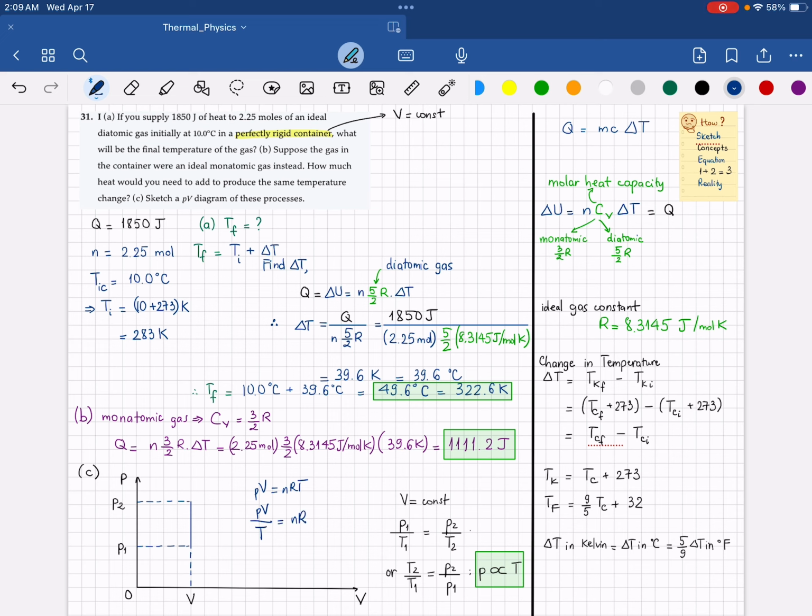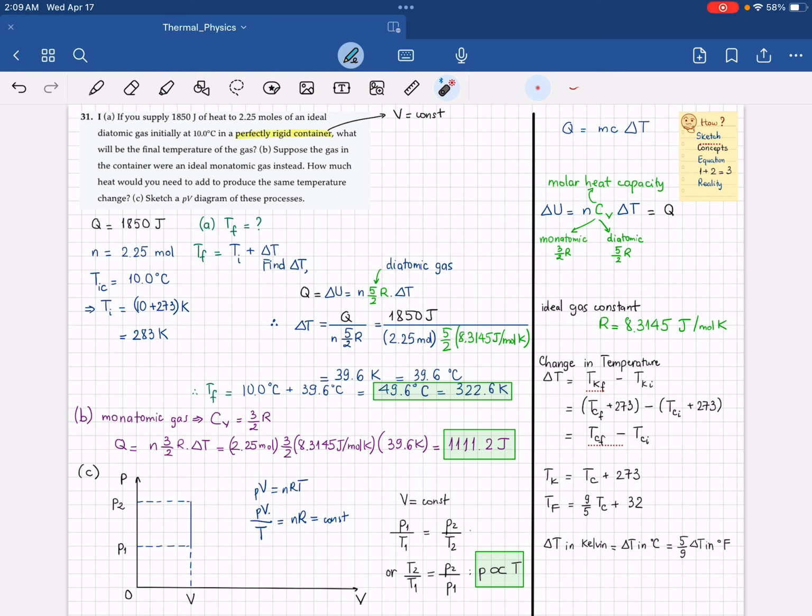And we know that the amount of the gas doesn't change because it's a perfectly rigid container. That's why this just equals a constant. And now since V is a constant itself, the ratio can be simplified to P1 over T1 equals P2 over T2, right?